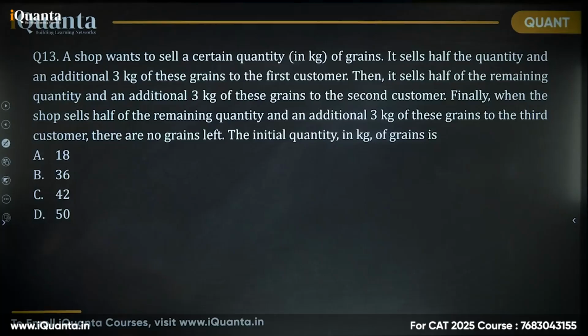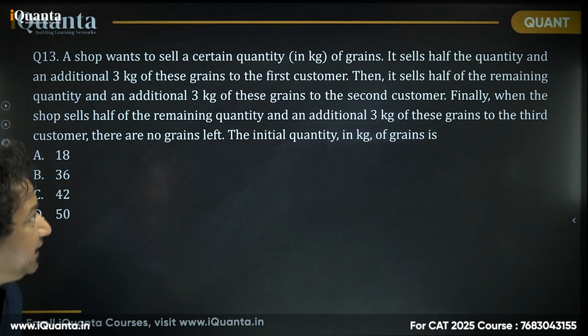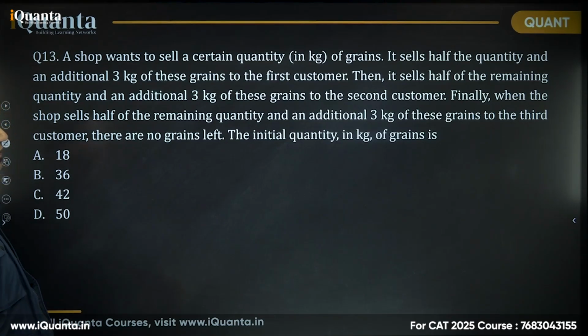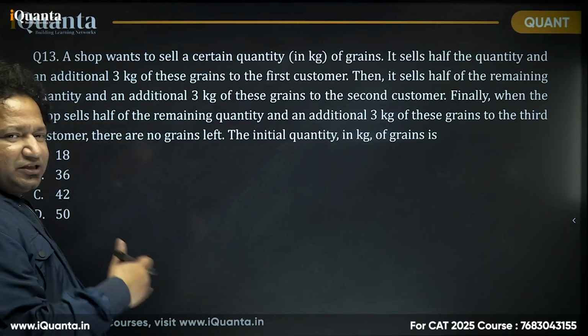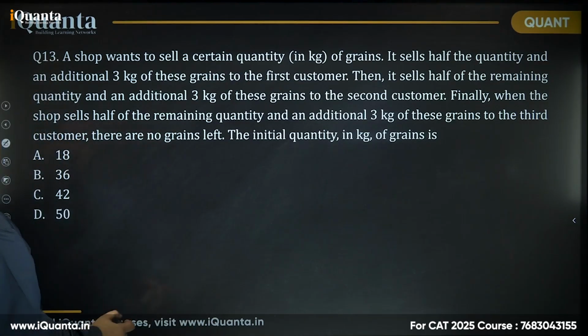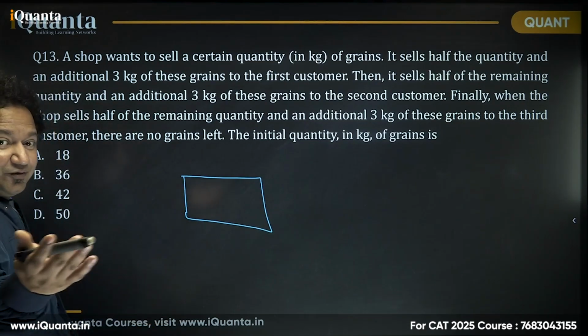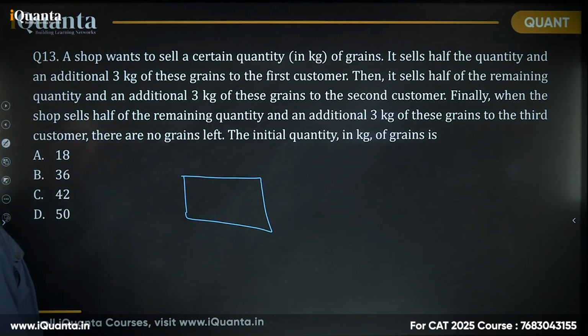A shop wants to sell a certain quantity in kilograms of grains. It sells half the quantity and an additional 3 kg of these grains to the first customer. Then it sells half of the remaining quantity and an additional 3 kg to the second customer, and it does so again for the third customer. So there's a chain of thoughts. I gave a very interesting explanation for this in one of the classes, if you remember.